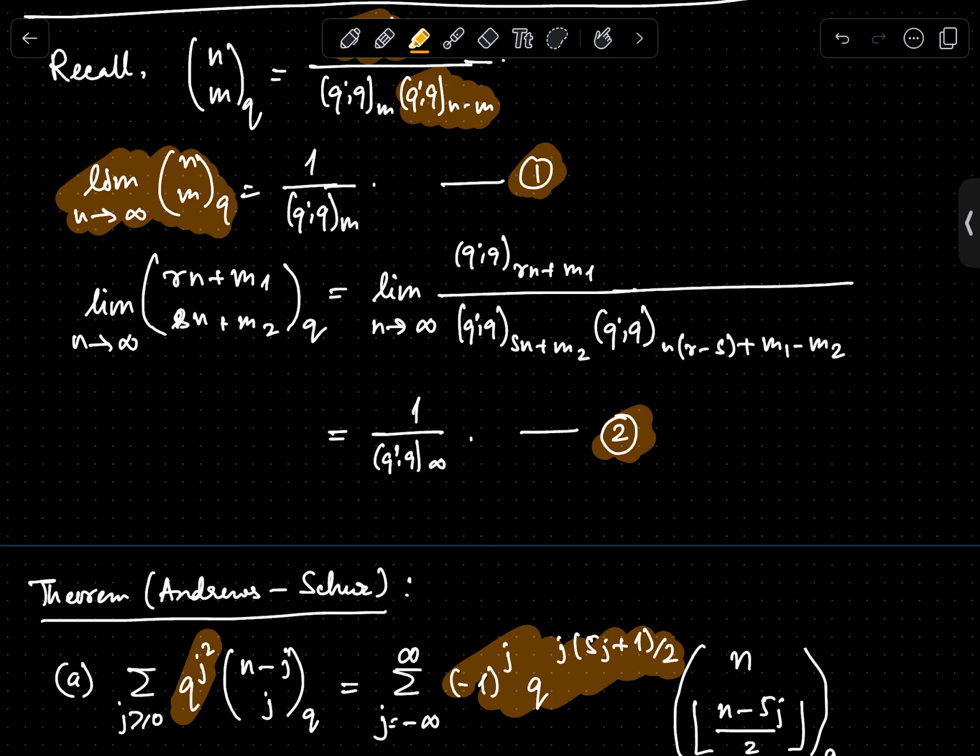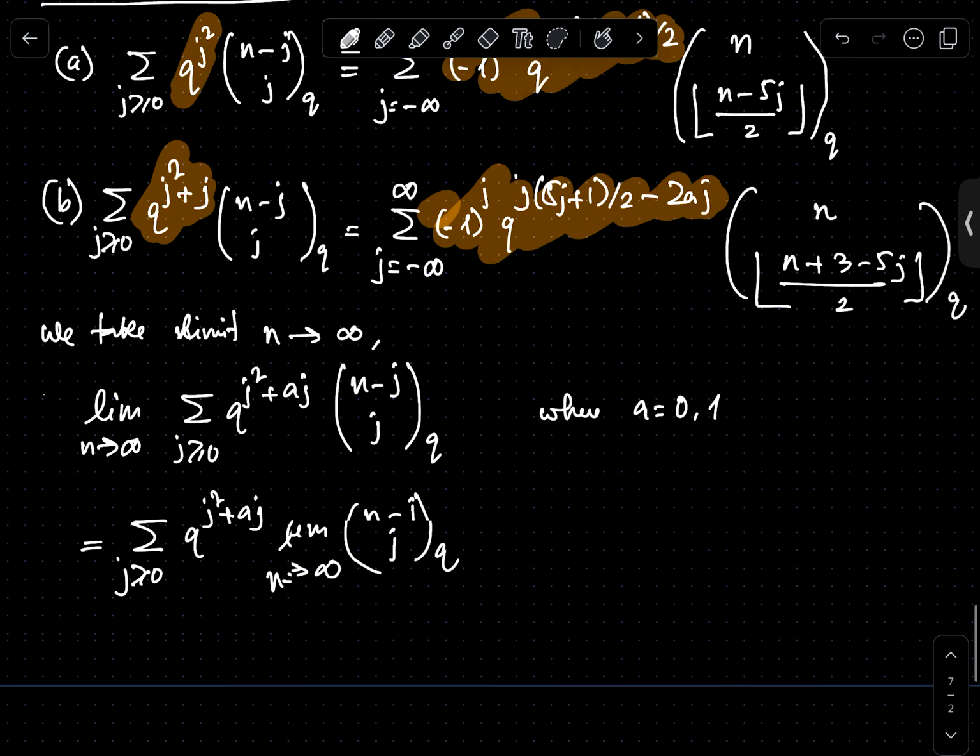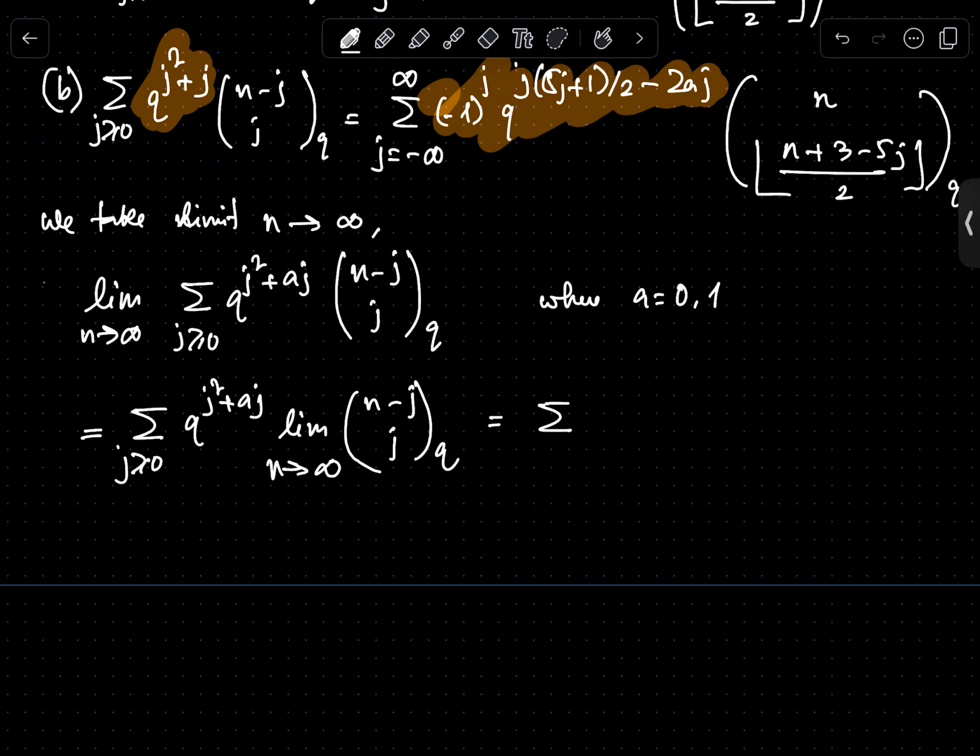We are in this case, and the limit was 1 over q infinity. So we'll have the limit 1 over (q)_j. So this is nothing but q^(j^2+aj) divided by (q)_j. And clearly, this is the left-hand side of the Rogers-Ramanujan identity: for a equal to 0, the first identity, and for a equal to 1, the second identity.